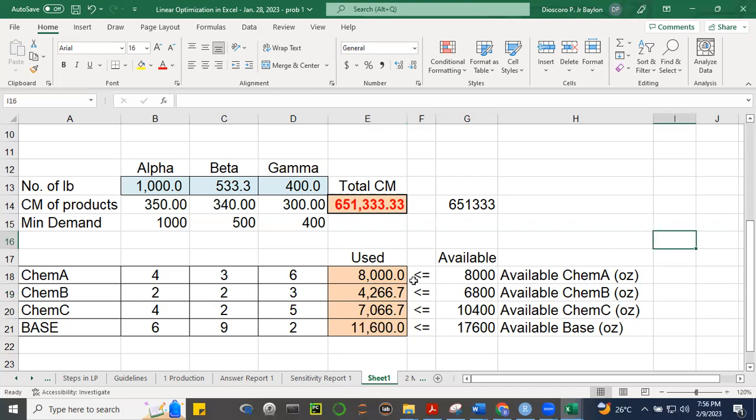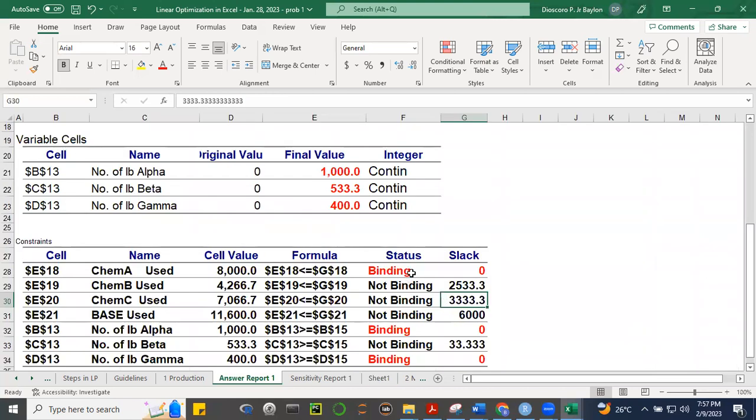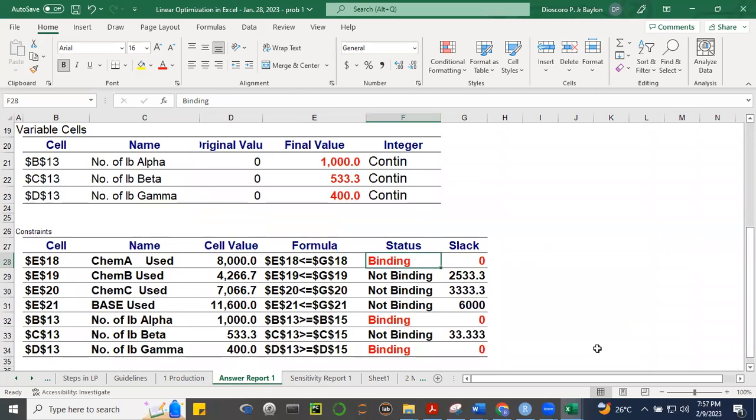So dito pwede natin ang recommendation, bili pa tayo ng chemical A. Di ba? Kasi ang demand naman sa atin, minimum to eh. Ibig sabihin, pwede pa tayong mag-produce kaso naubos na si chemical A. So if there's anything here that we can suggest, it's if it's possible to buy more chemical A, hindi gamitin to. Di ba? Kasi importante yan, binding constraint yan. Okay, so very particular, very important sa case ng linear programming are cases where the constraints are binding.